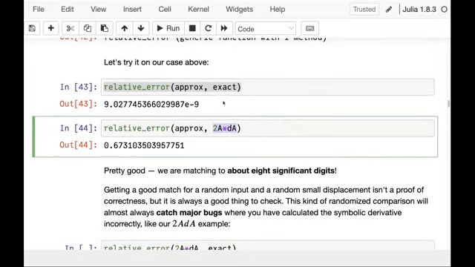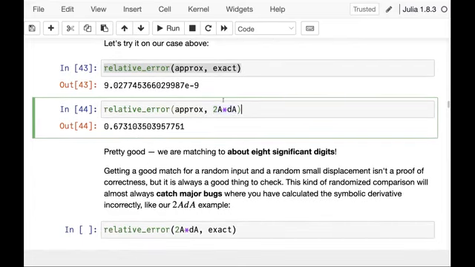This isn't a proof that something is correct, but it's a pretty big hint that you got something fundamentally right. It's pretty unlikely, if you had a wrong formula, if you picked a random input and a random displacement, that it's going to give you the correct answer to eight digits, right? And so it's a really good way to catch really bad screw-ups.